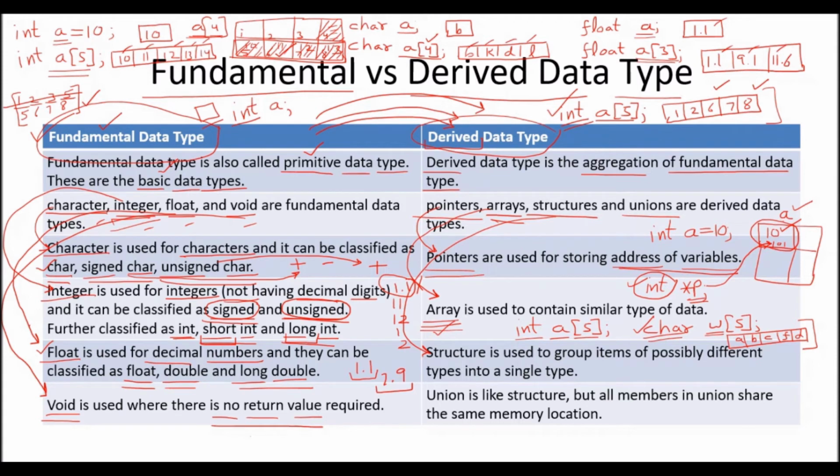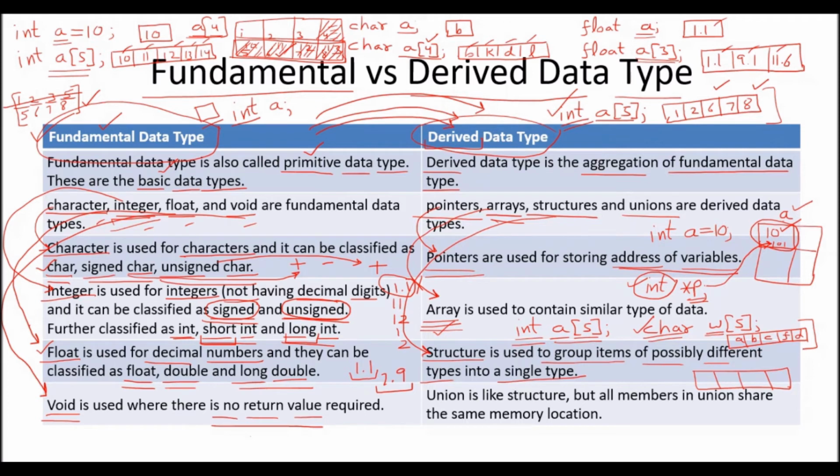Then the next derived data type is the structure. A structure is used to group items of possibly different types into a single type. Well, a structure is somewhat different from an array. In an array, let us suppose I have reserved 5 memory locations, and those 5 will store the same type of value. If I have declared integer, then integer-type 5 blocks will be there.